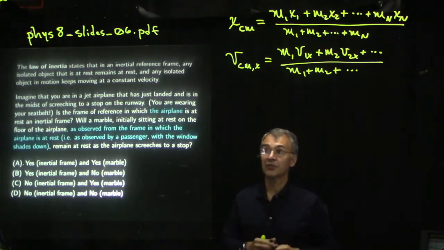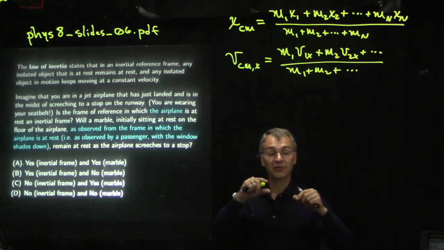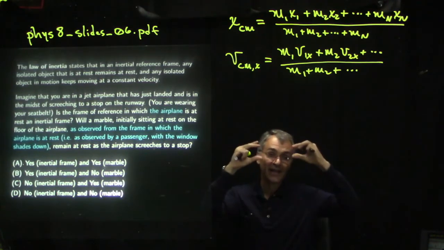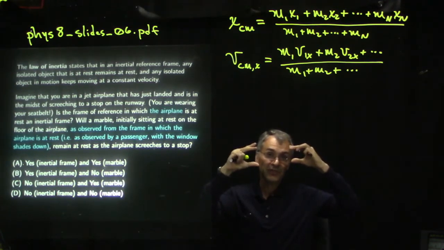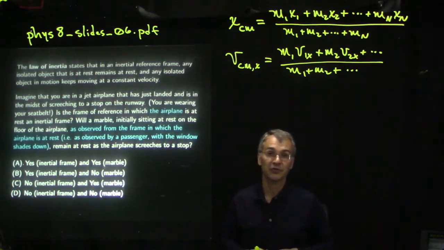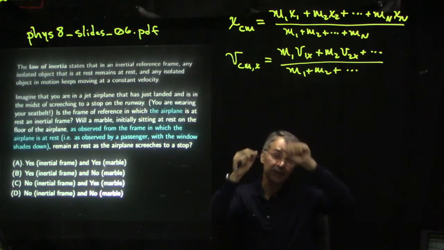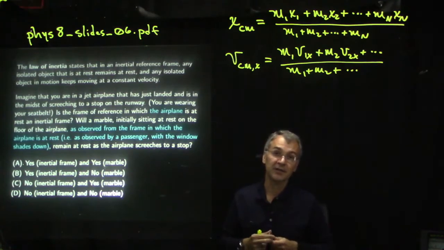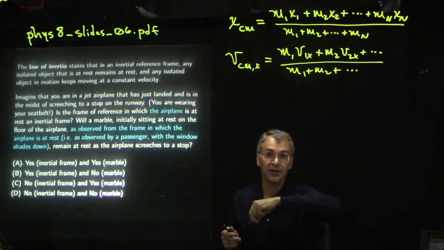What does that mean? The frame of reference in which the airplane is at rest is the set of axes observed by a camera which is anchored to the ceiling of the airplane, for example. If you were to mount a camera on the ceiling of the airplane, you could even sketch out a coordinate system.